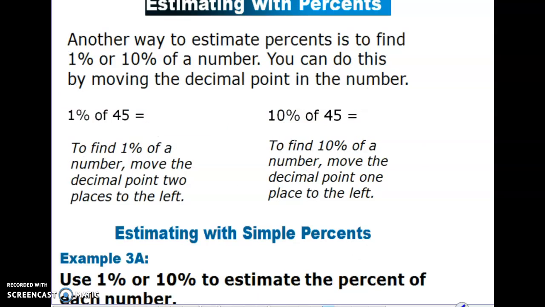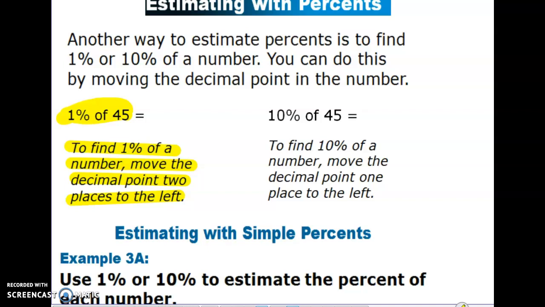If we're going to be a little more precise, it says another way to estimate percents is to find 1% or 10% of a number. You can do this by moving the decimal point to the left. So if we're going to find 1% of a number, you might want to write this down in your notebook. To find 1% of a number, you move the decimal point 2 places to the left. If we think about that, you're finding 1/100th of the amount.